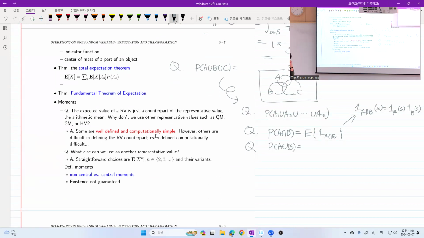Then what can you do? As you've seen here, using intersection and replacing it with a product of indicator functions is a very, very good trick. So what do we do? What we do is that we do this, right? It's from what?